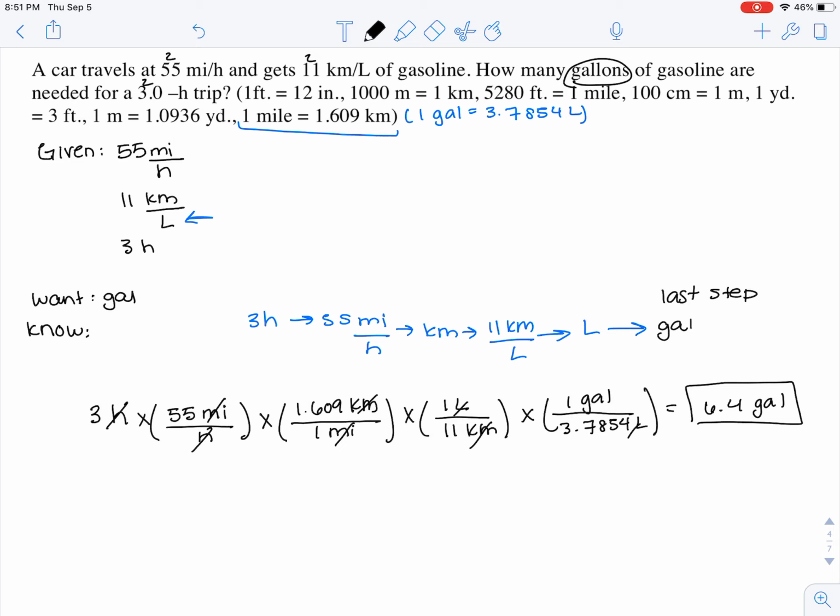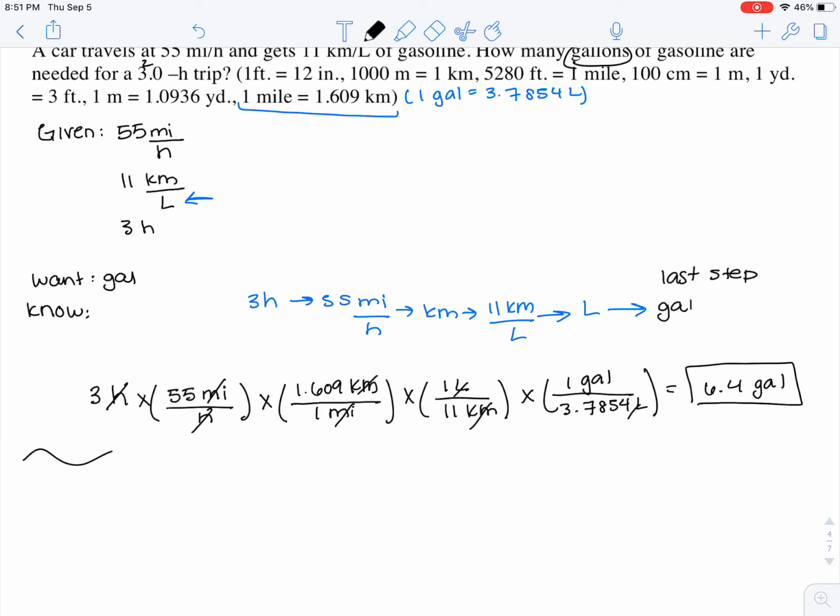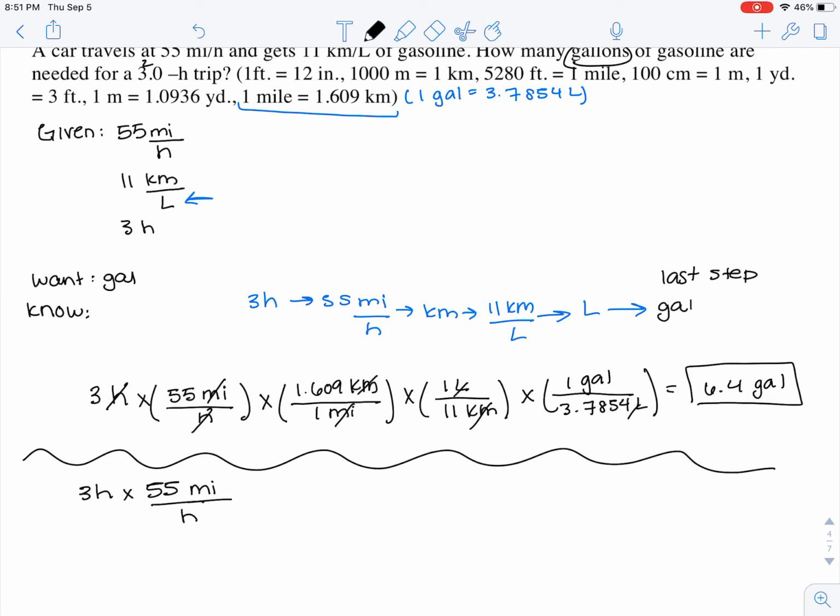You see that you want to know for a 3-hour trip, and you have 55 miles an hour given to you. So immediately you can get just the miles. Another way would be: I have 3 hours, and I can multiply that by 55 miles an hour, because I'll get rid of my hours.